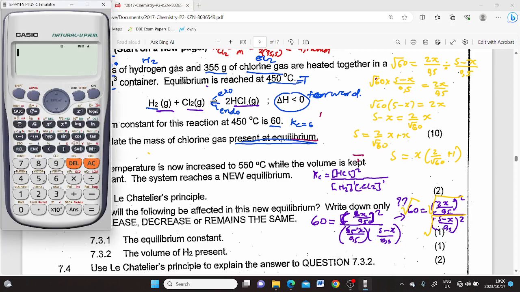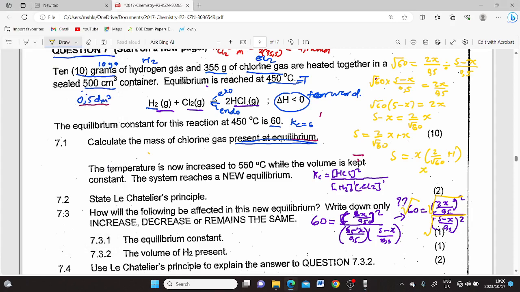So we're going to have this one, 2 divided by square root of 60 plus 1. So we're going to have 1,28. So we'll have x equals to, now we're going to take 5 divided by the answer.